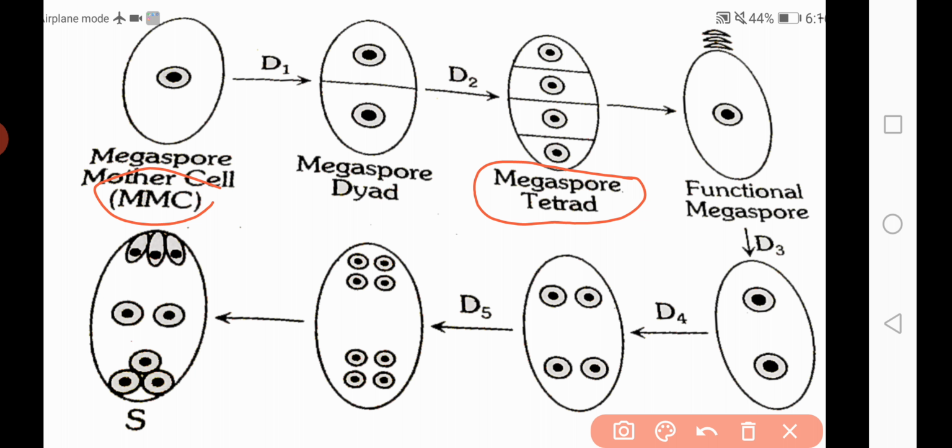Till here the process is called megasporogenesis. Now, of these 4 megaspores, 3 degenerate while only 1 becomes functional. This is the functional megaspore with its haploid nucleus. This functional megaspore becomes the female gametophyte or the embryo sac.